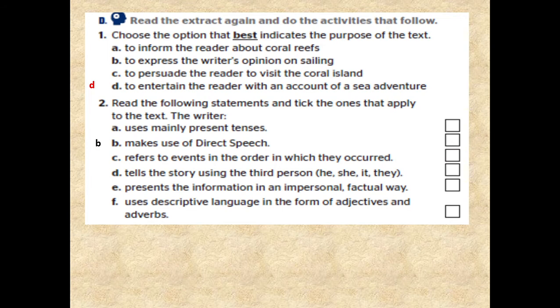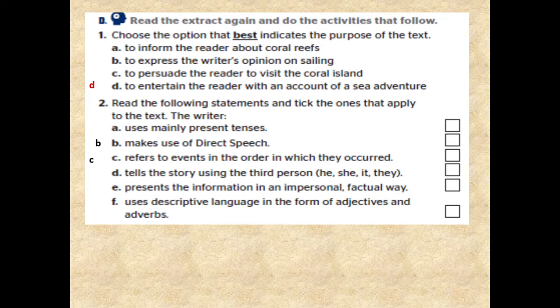C. The writer refers to events in the order in which they occurred. Exactly, because each story must be in chronological order. The writer tells the story using the third person? Of course not. It was first person narration.